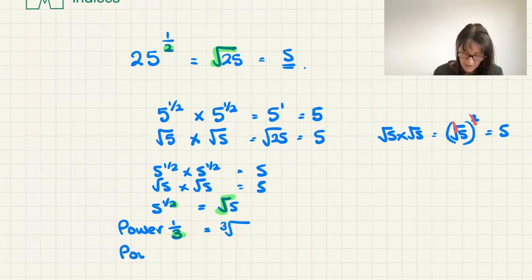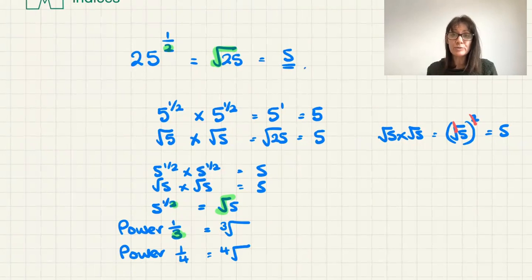So what would a power quarter give me? That would be a 4th root, and so on. The denominator of the fraction is always a root, and the degree of root that you're going to do depends on the denominator. A 2 is a square root, a 3 is a cube root, and so on.